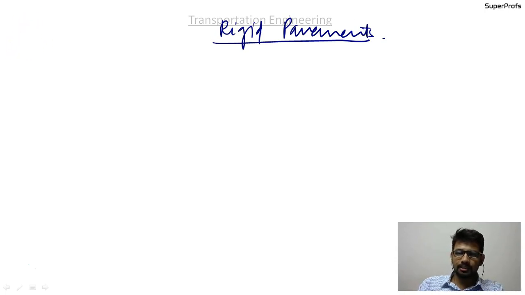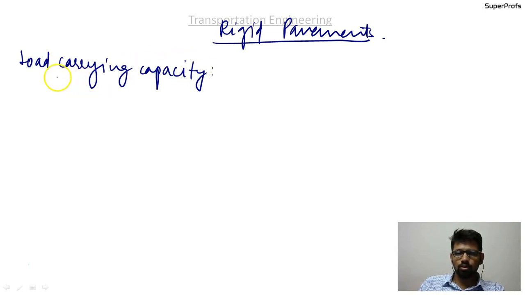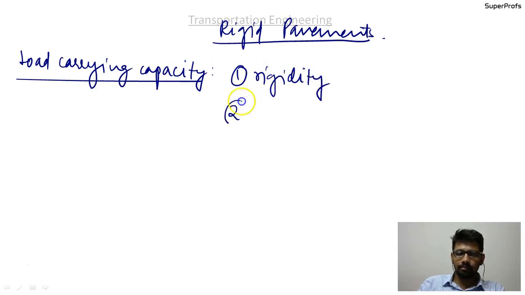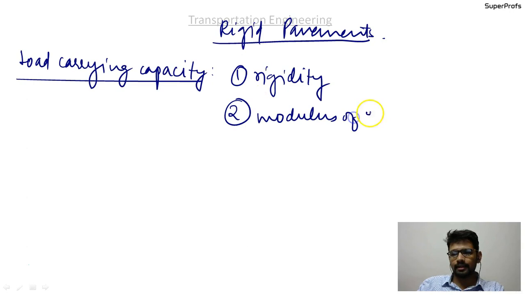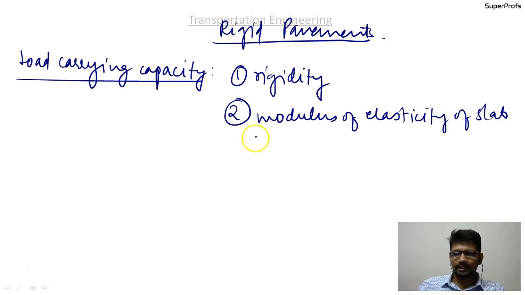The load carrying capacity in rigid pavements is because of, first, the rigidity, and second, the modulus of elasticity of slab, or you may say slab action.